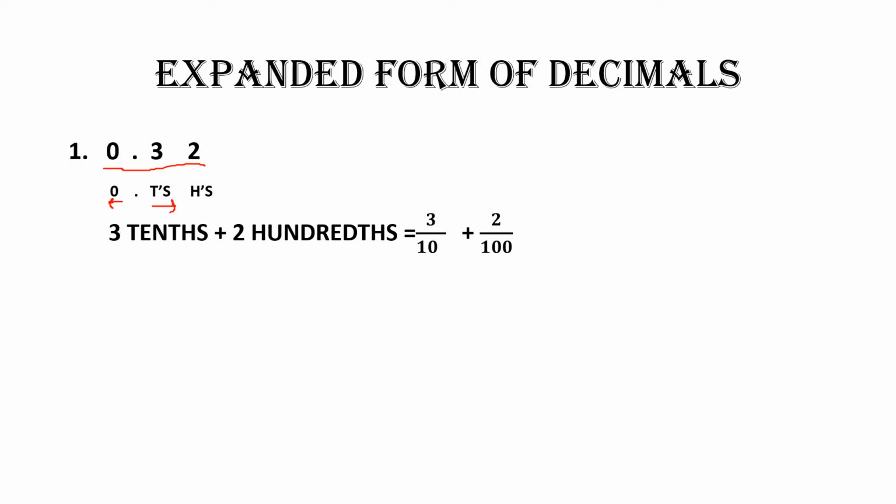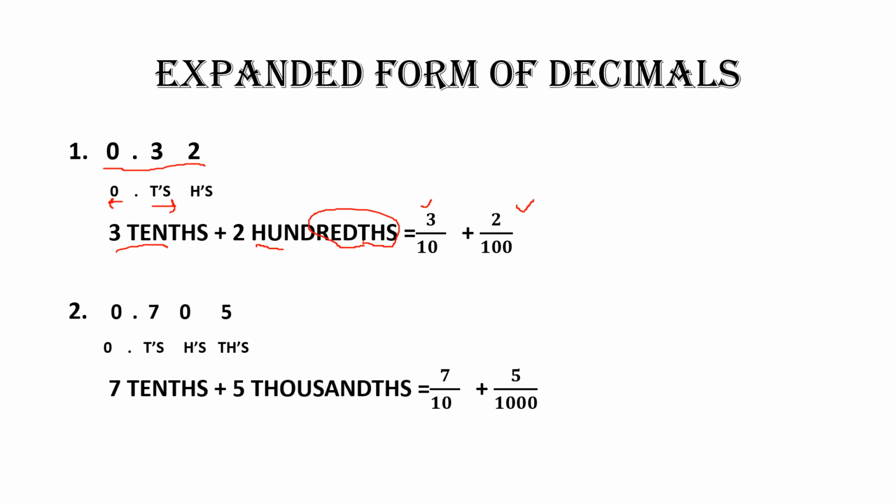We always go with tenths, right? So it is 3 tenths and 2 hundredths. Now 3 tenths means 3 by 10 and 2 hundredths mean 2 by 100. As 'ths' is there, so it is clear that the number will come in fraction form.